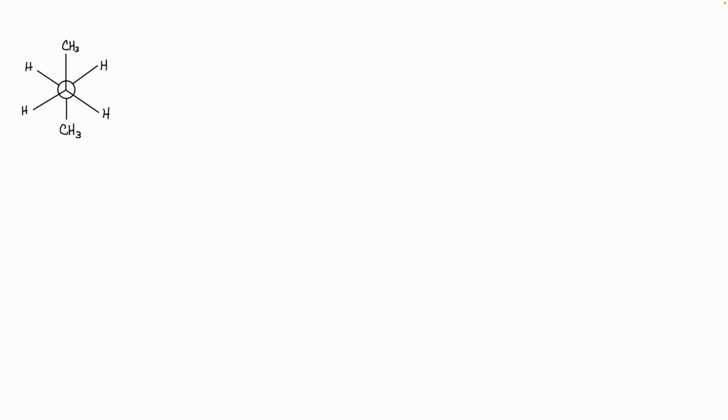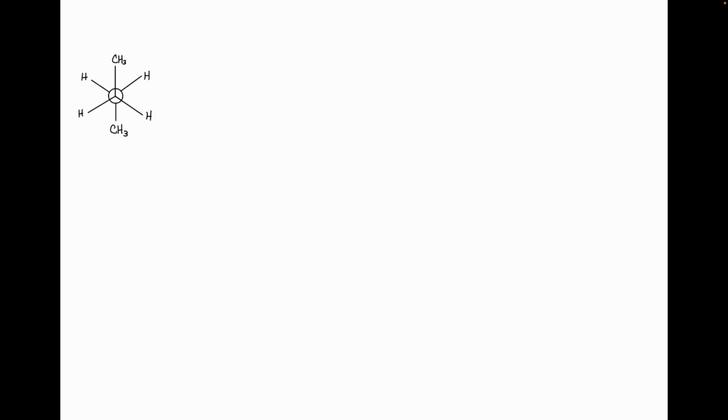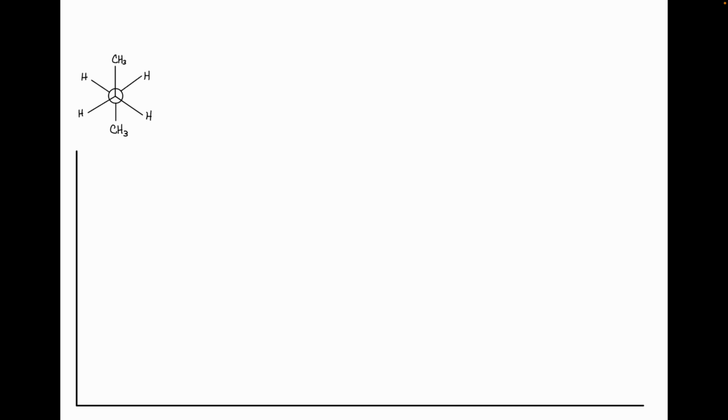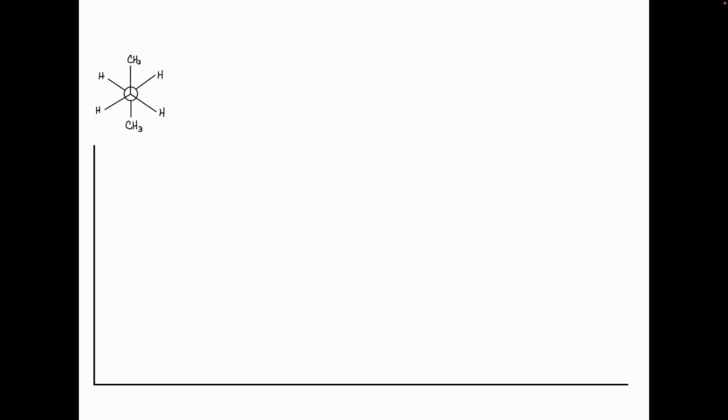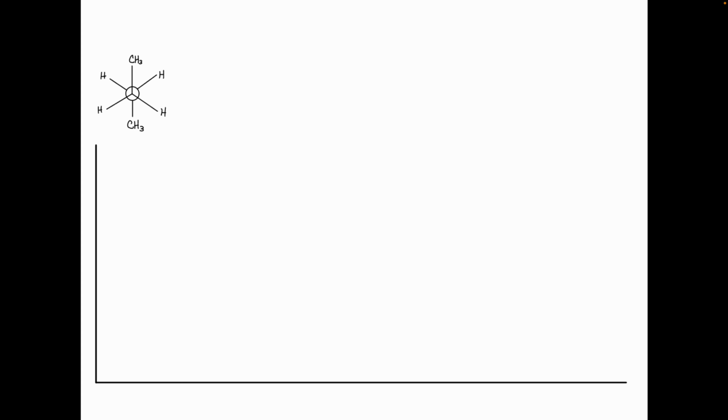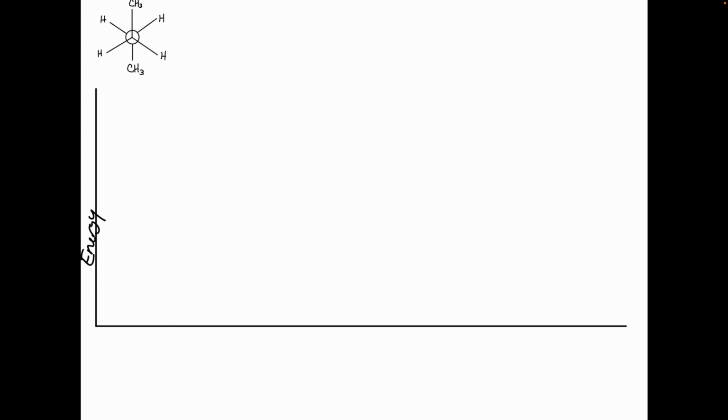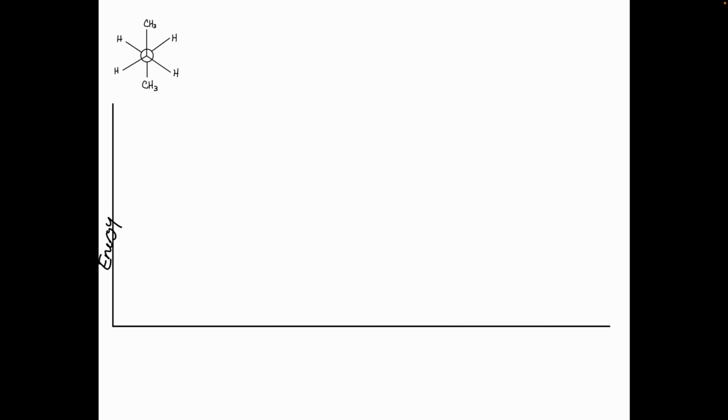Okay, we're going to start with this conformation right here, and we're going to make a graph of energy, and then with our x-axis, we're going to rotate that single bond.